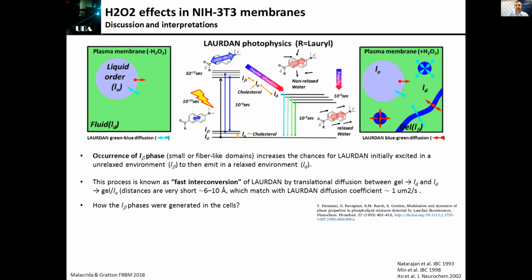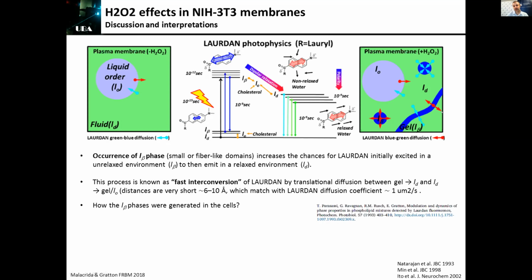If this is true, what he pointed out is, what happens if you have structures which are like filaments in the membrane? This happens, for example, in shell membranes. And they demonstrated in this situation that you can have excitation in the shell, but then the emission in the other membrane.